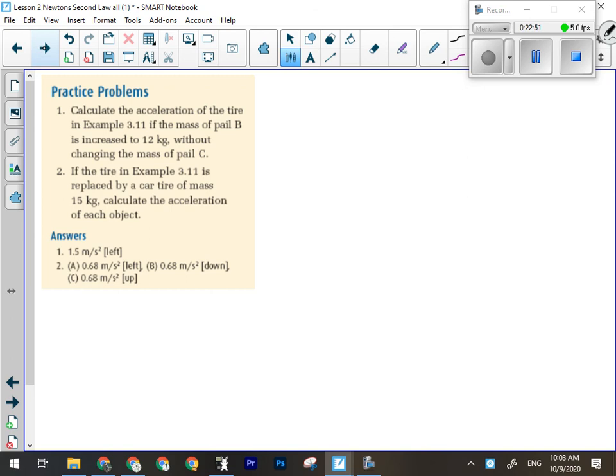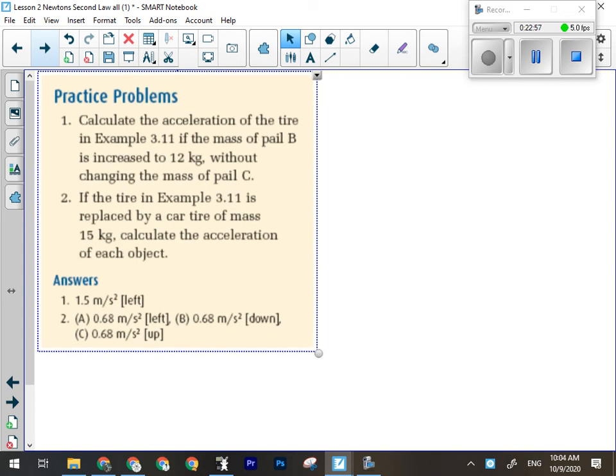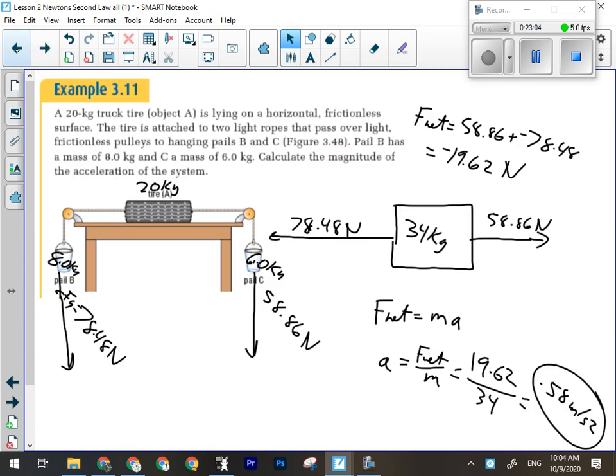So now they want you to do this calculation using that same diagram, except now they're changing the masses. So I'll just bring the picture over and change the masses on there.